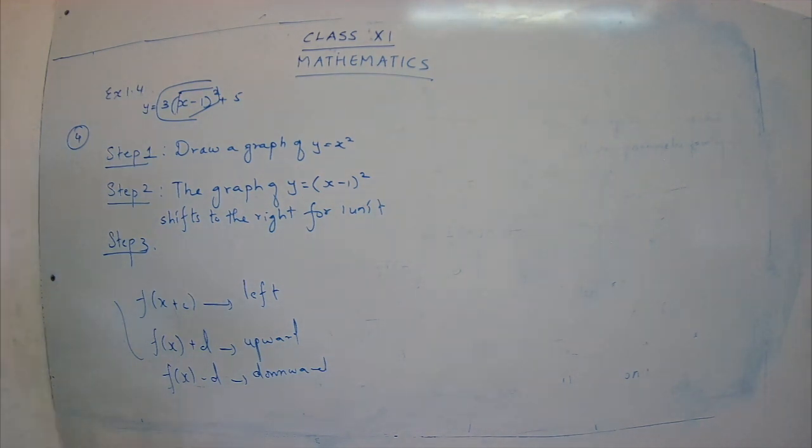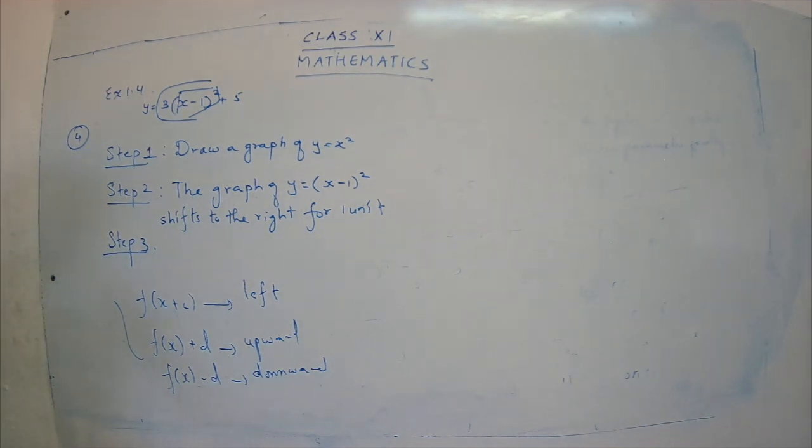For knowing in detail about the multiplying factor, just come to page 41. I hope you have your books with you. Whenever you are doing your sums, just keep your textbooks with you, so that if I say some points to refer, you can refer to them for doing the sums. Under page 41, you have to come to the topic dilation.